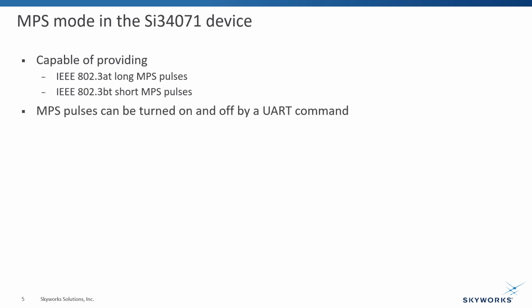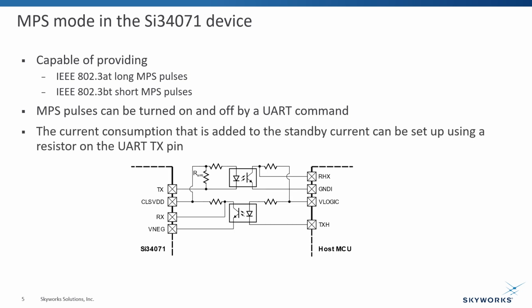The MPS generation is entirely controlled by the host MCU by sending a UART command to the Si34071. In this figure, a typical isolated UART connection between the host MCU and the Si34071 can be seen. To be able to adjust the additional current consumption of the MPS pulses, an external resistor can be used, indicated as RMPS in the figure.